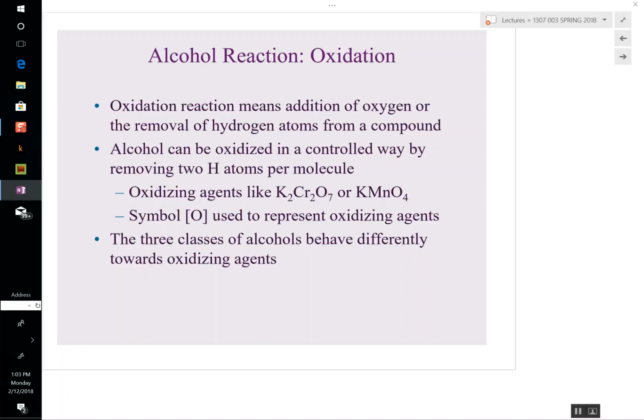There are going to be oxidizing agents like this: potassium dichromate, potassium permanganate. We will use this symbol. When you see an arrow with brackets with an O in the brackets above it, we're signifying the oxidation of that molecule.